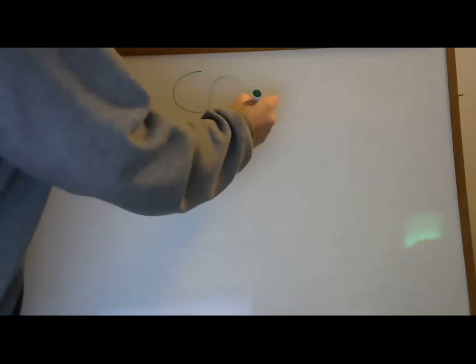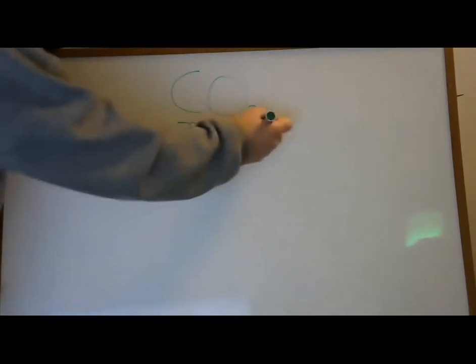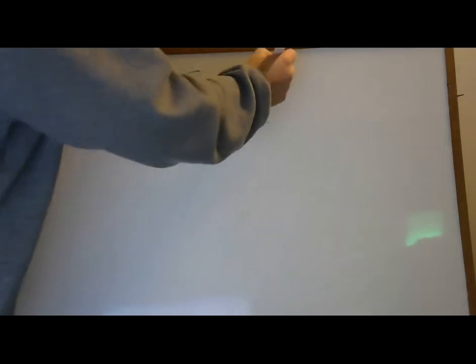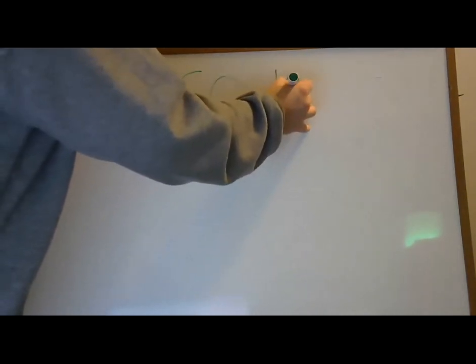And this is where things start to get a bit weird. So find me how many valence electrons should be here. Carbon is in group 4. Oxygen is in group 6.